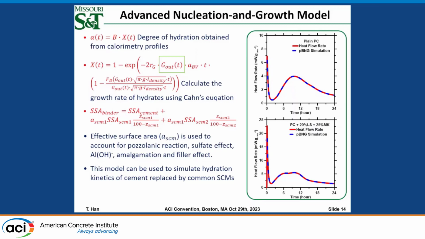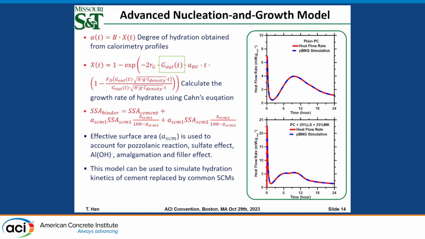Also, in our model, we use the effective surface area, that concept, that parameter to control the surface area of the SCM, so that can compensate the chemical effect from the SCM. For example, the limestone or quartz, they are inert, so the effective surface area is 1.